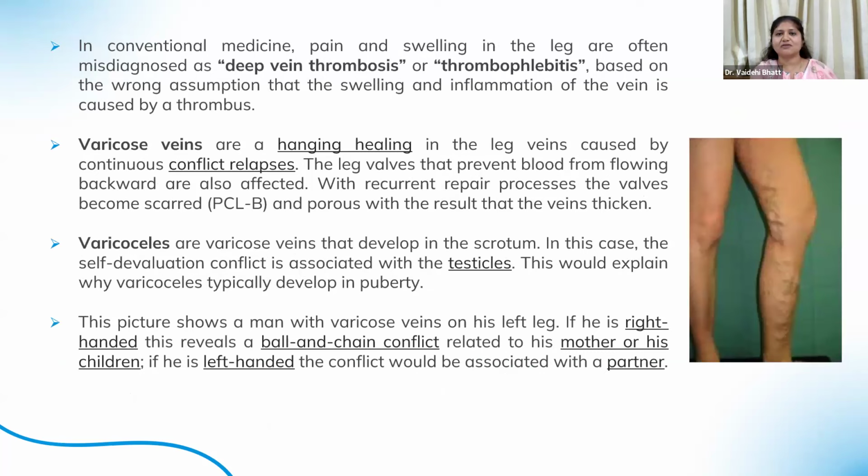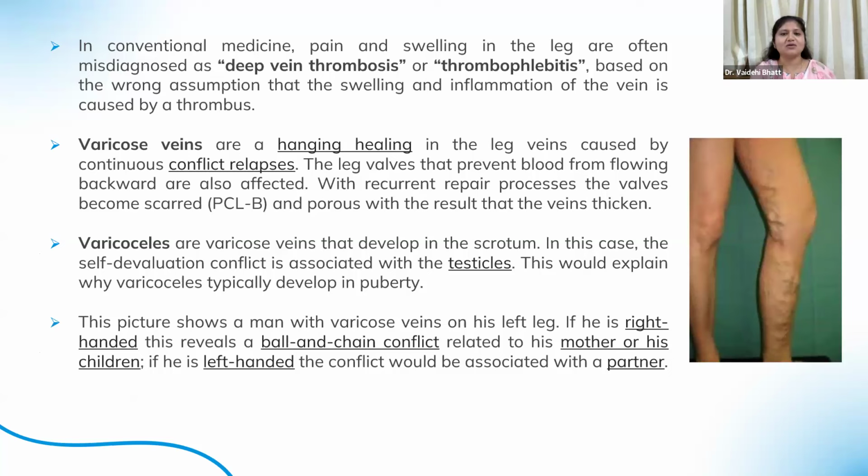So in controversial medicine, swelling in a leg is often misdiagnosed as vein thrombosis or thrombophlebitis. And varicose veins are hanging healing in the leg veins caused by continuous conflict relapses. If there is a continuous self-devaluation conflict, there will be a problem with the visibility or outward appearance of the body, and here it will give a problem with the cosmetic look.